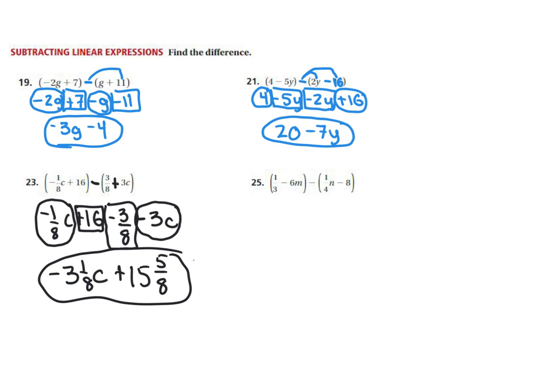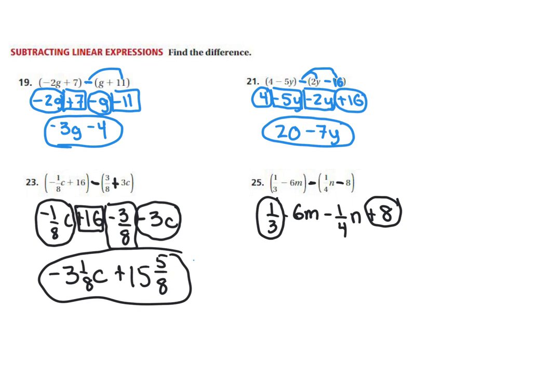And for number 25, we have a third minus 6m, and then we'll distribute this minus, which tells us we're going to do the opposite of everything. So instead of having 1/4 n, we will take away 1/4 n. And instead of subtracting 8, we will add 8. So I have 1/3 and 8.